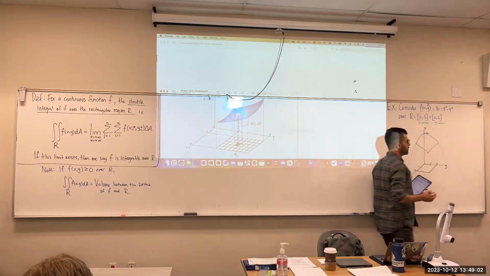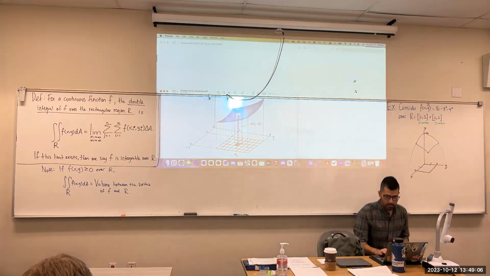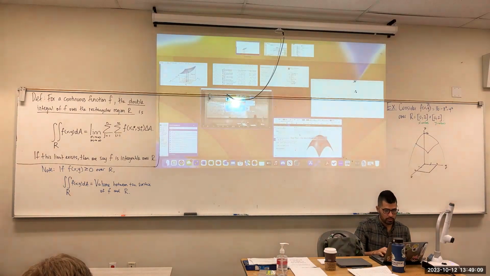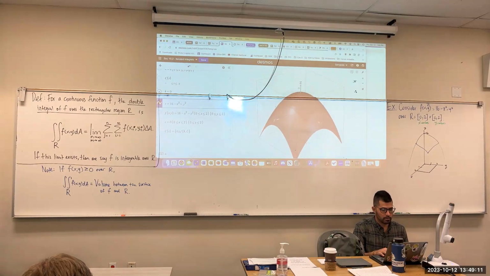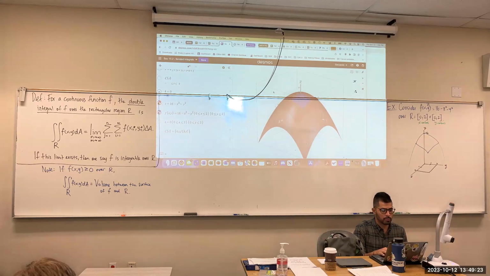And you get that little piece of the paraboloid like that. Okay? We have to figure out the points there on the edge. At the corner. You won't have to, yeah. So this is a paraboloid, right? This is the paraboloid's piece above that rectangular region. Okay?